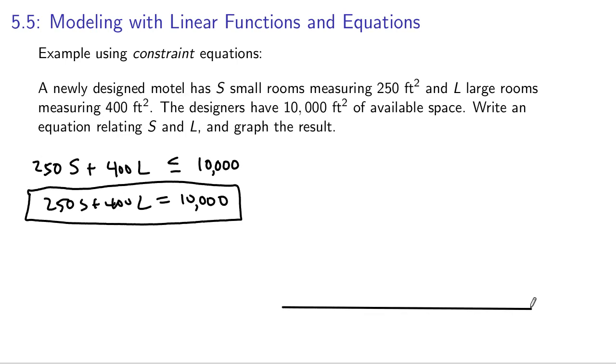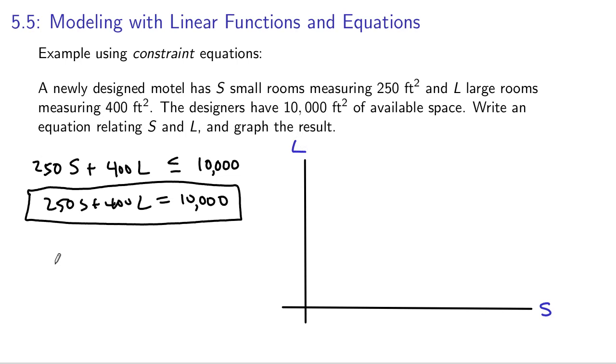Let's make some axes. So if we think about this equation, standard form does give us access to the intercepts fairly easily. This is the small room axis and this is the large room axis.